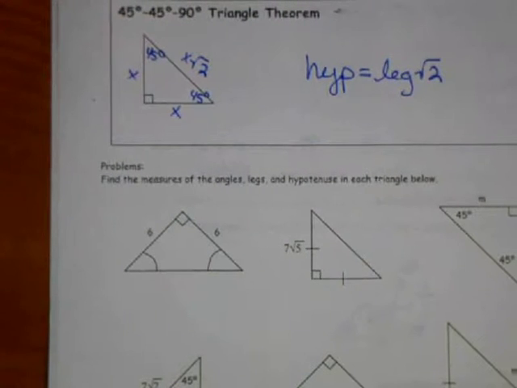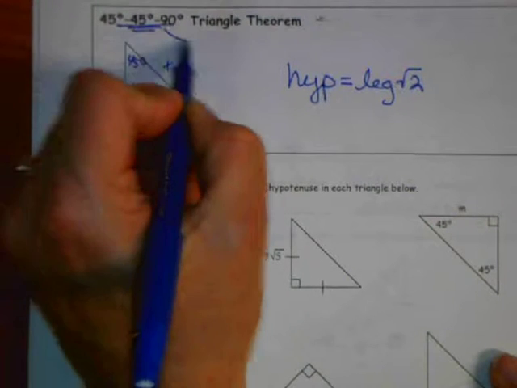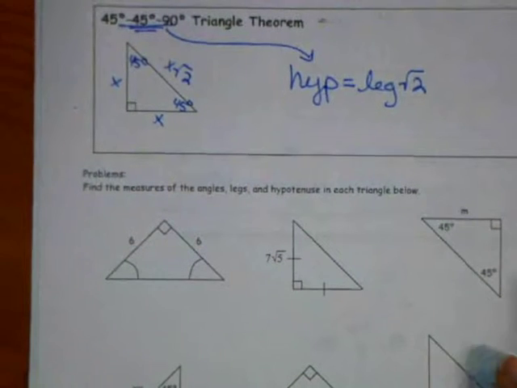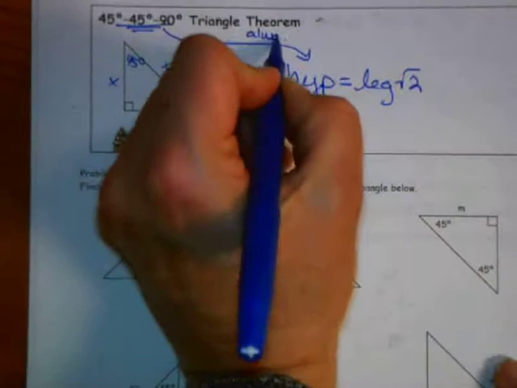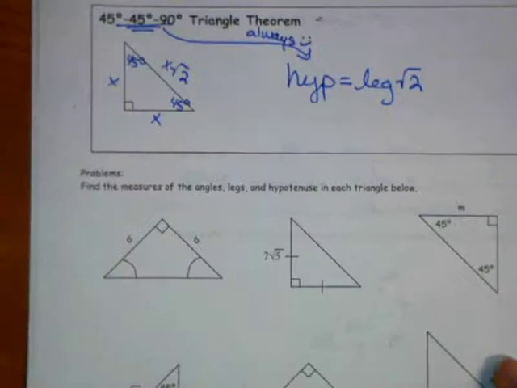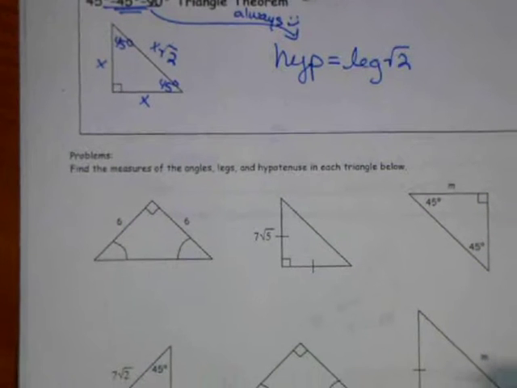In any 45, 45, 90 triangle. Cool? I'm going to underline this and point right to that. Always. How about if I write always here?